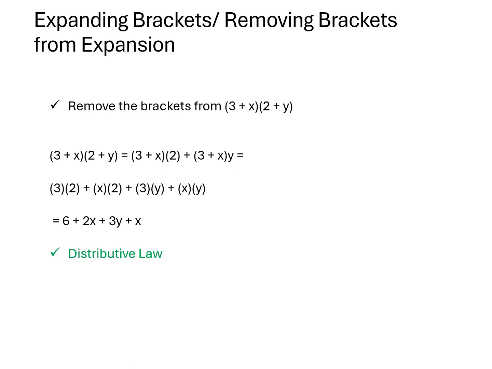So you're multiplying everything in the first with the second. And then 3 times 2 plus 2 times x plus 3 times y plus x times y. Then you simplify: 6 plus 2x plus 3y plus xy. And it can even go a little simpler because you have like terms, which are the 2x and the x. So it's 6 plus 3x plus 3y.